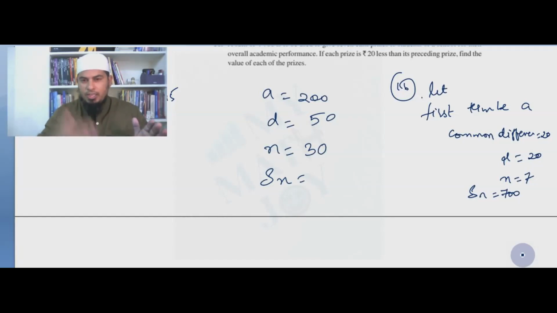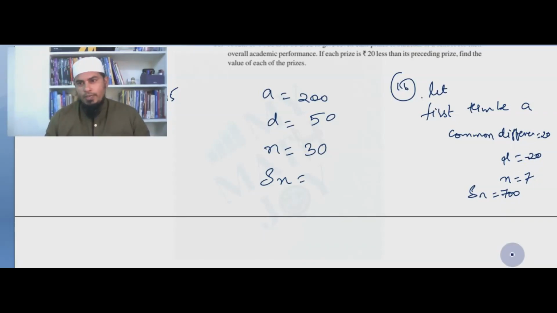a minus d, a minus 2d is like 20 less, 20 less, 20 less. If 20 less we are doing, the d should be minus 20. If 20 more we are doing, it will be plus 20. So in this way, if you take 20 also, you will get the answer, minus 20 also, but we need to understand how to bring the 7 prizes.